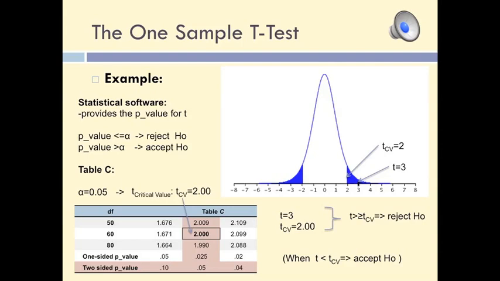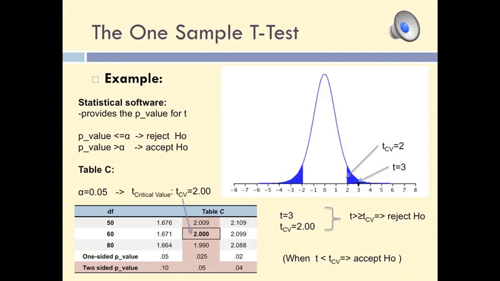Let's find the critical value in table C first. The last two rows in the table show different values of alpha, or different significance levels. If the alternative hypothesis is one-sided, then we should use the row for a one-sided value. If the alternative hypothesis is two-sided, then we should use the row for the two-sided p-value.